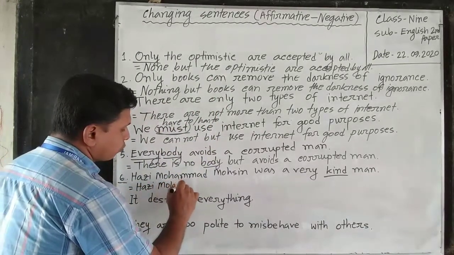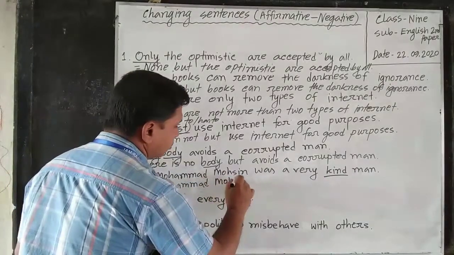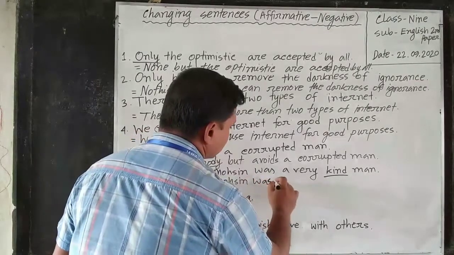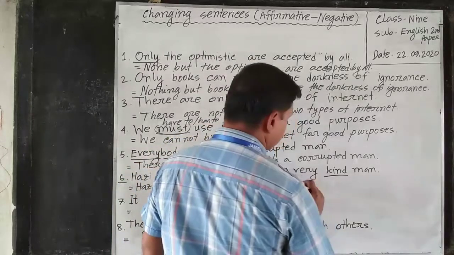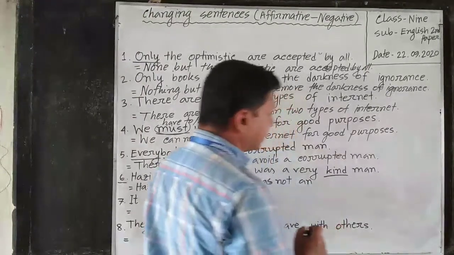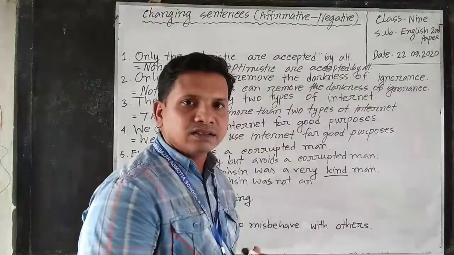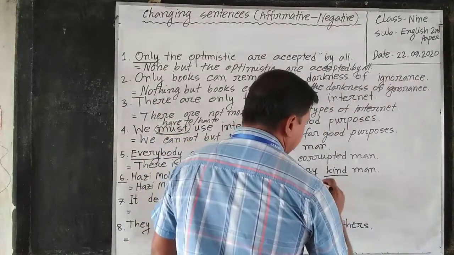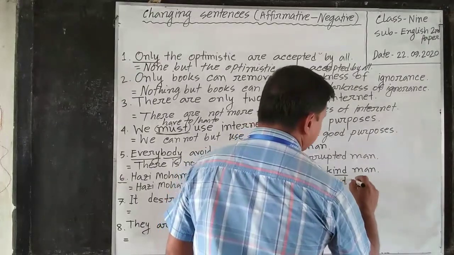So the answer will be Haji Muhammad Mohsin was not an unkind man. The keyword is kind, and its opposite word is unkind. So we will use unkind instead of kind.